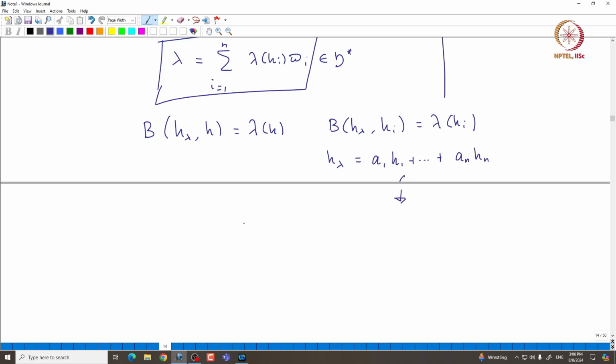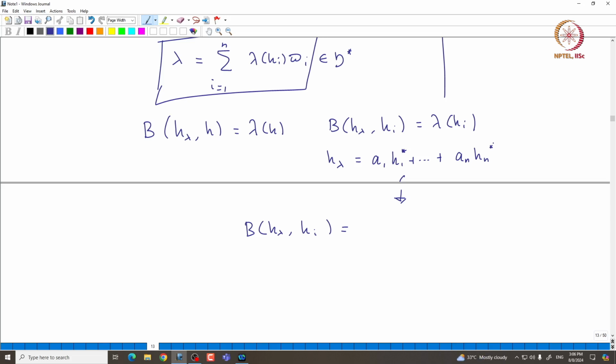So, B of h lambda, hi, maybe we can write it in terms of the hi star basis.